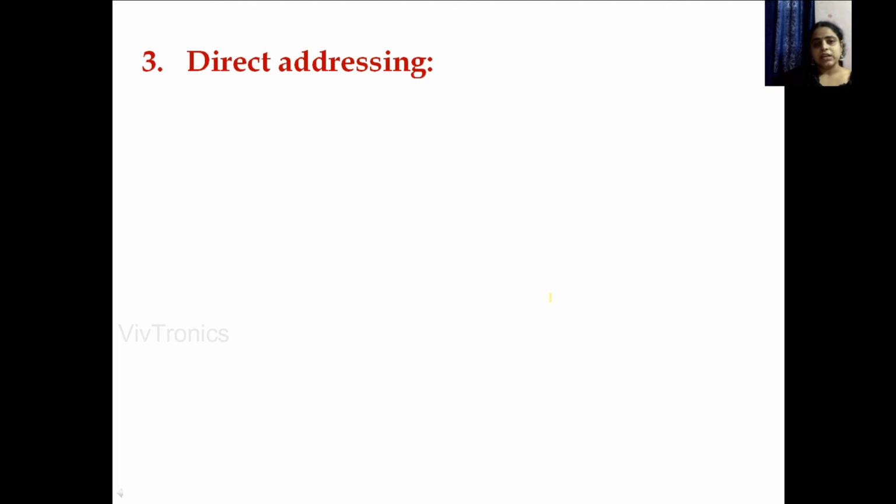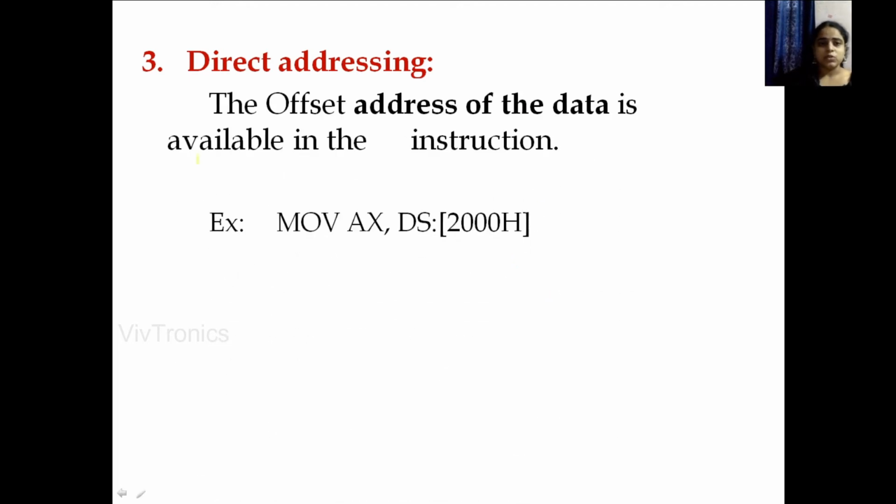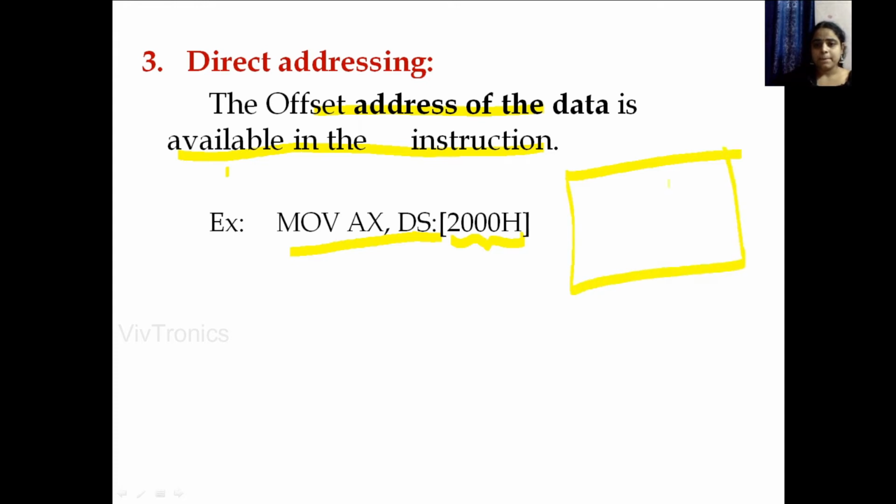Next one is direct addressing mode. In direct addressing mode, the offset address of the data is available in the instruction, so directly from memory we can get the data. Here is the example: MOV AX, DS:[2000H]. In memory, at location 2000, suppose the data is 3434, stored at 2000 and 2001.